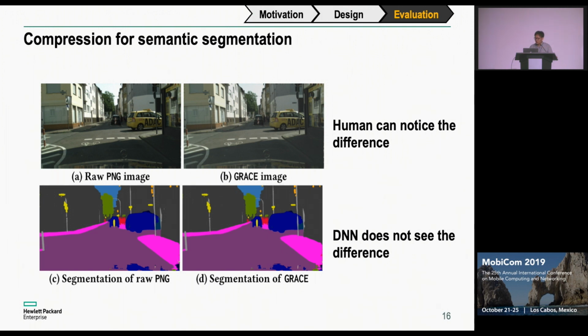As humans, we might notice some compression artifacts from Grace, meaning it compressed very aggressively. However, the segmentation results in the bottom figure are almost identical, which means that the DNN does not see the difference.